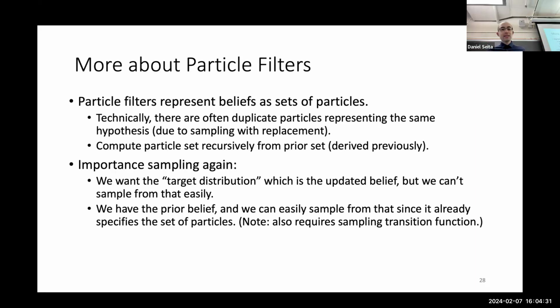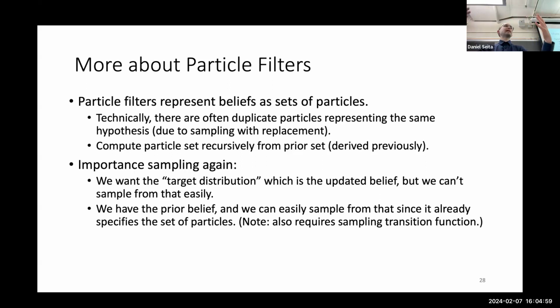Now, in practice, there can often be duplicate particles that represent the same hypothesis. So if you're trying to determine where the robot might be, then when you do the sampling with replacement to figure out which location the robot might be, particle filters do sampling with replacement. So we talked about that last time, where there's a set of particles, each with some weight, right?